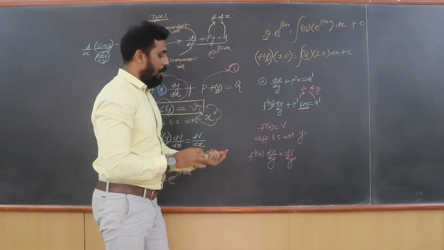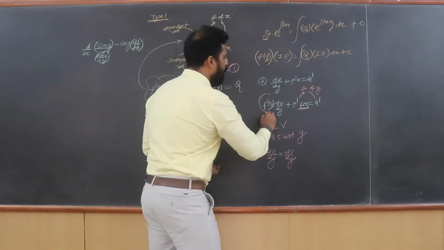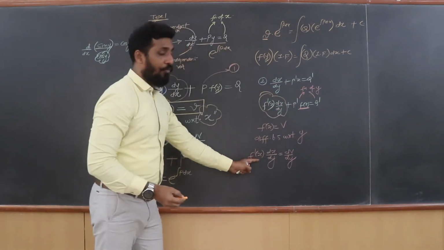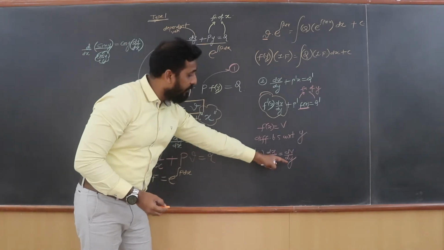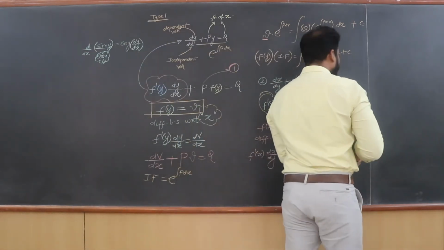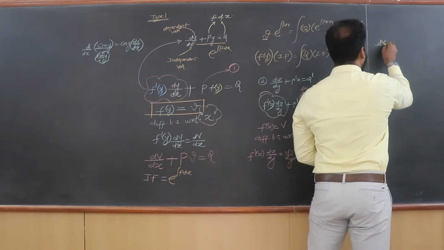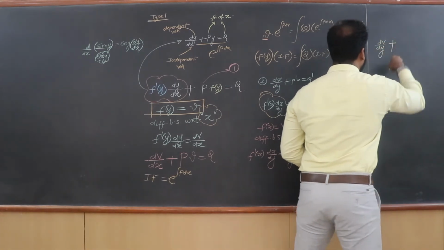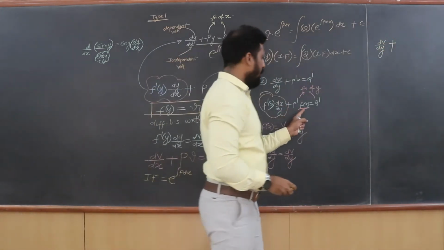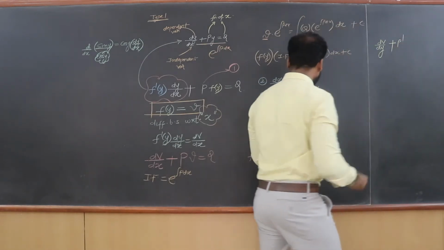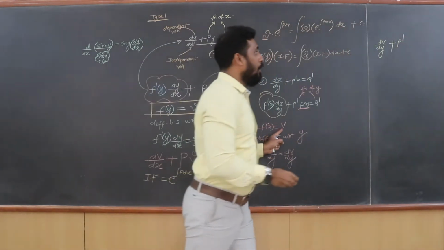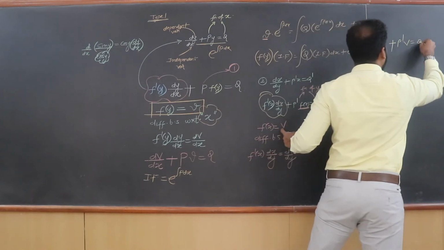Now if you observe how the equation changes, f1 of x dx by dy simply becomes dv by dy. So I write dv upon dy, then plus p dash, f of x, I write p dash, f of x is taken as v. So I write v over here is equal to q dash.